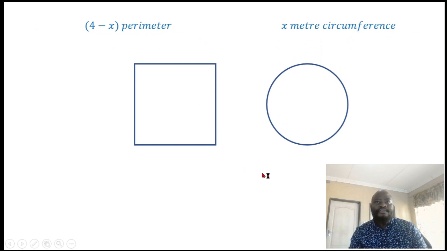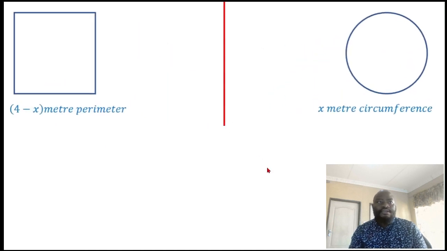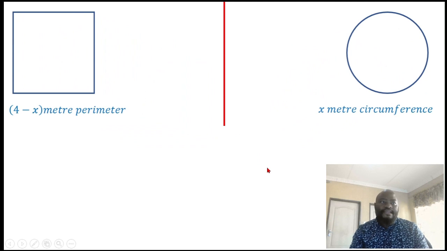Now they want us to find out what the length of this side is in terms of x. We will say that the perimeter of a square is 4 multiplied by the side length, because all of the sides are equal.